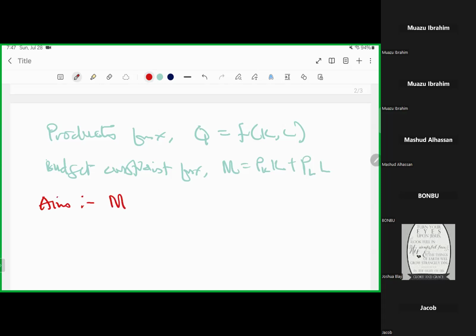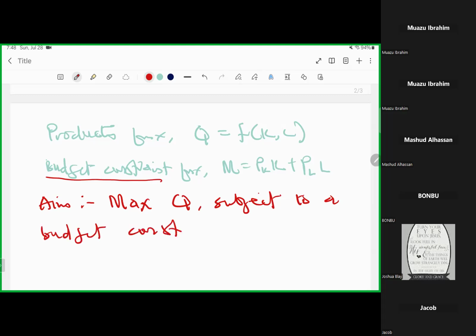The aim of a firm is to maximize output. But the firm is constrained by the budget. So a firm is aiming at maximizing output subject to a budget constraint.